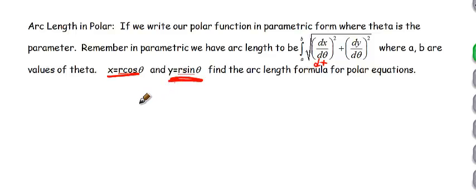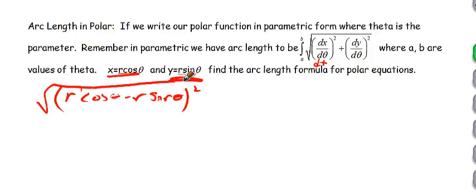So the arc length formula, I again would not memorize this, just like the derivative formula I wouldn't memorize. I would memorize the process and do it individually on each problem. So we need dx d theta, so r prime cosine theta plus r sine theta. Sorry, actually minus, because the derivative of cosine is negative sine. So that's my dx d theta. We square it.